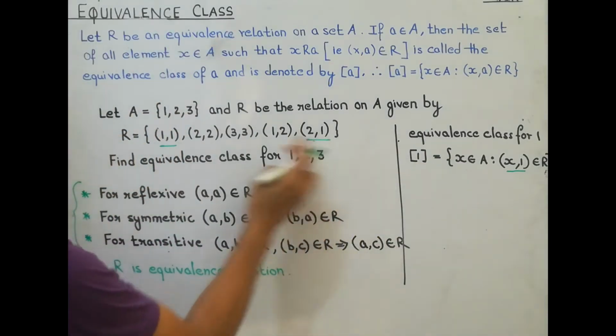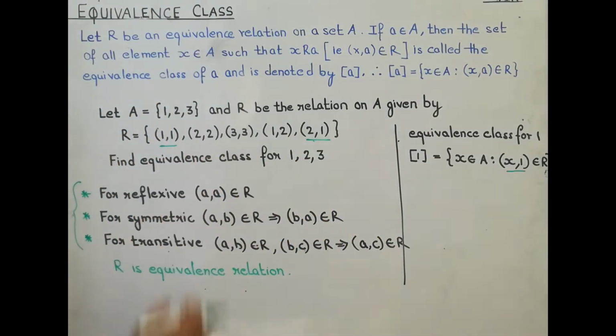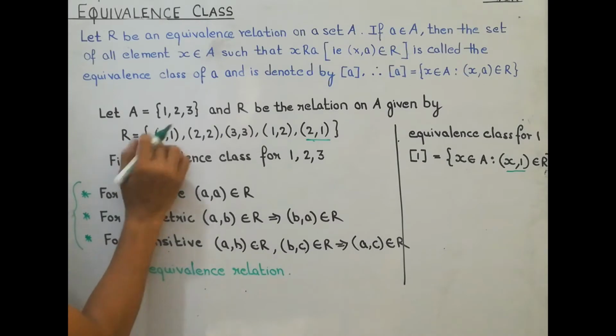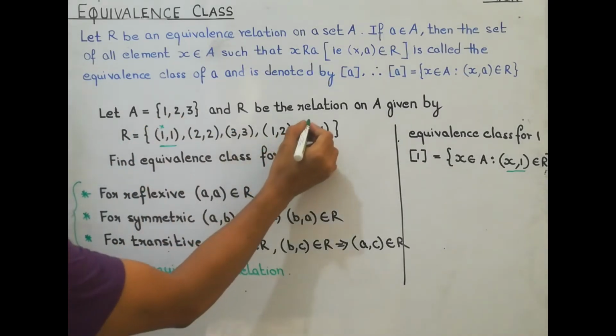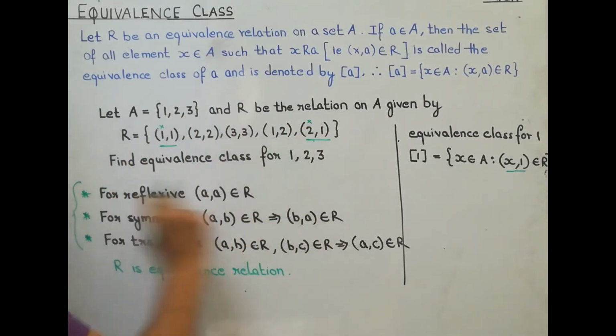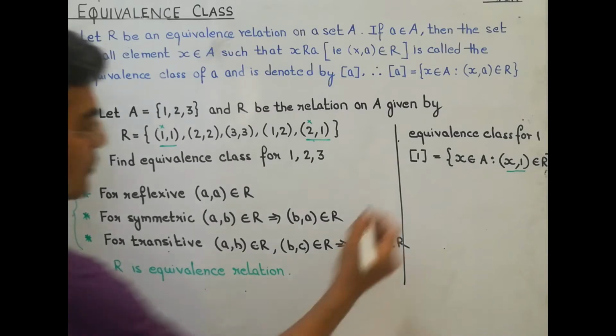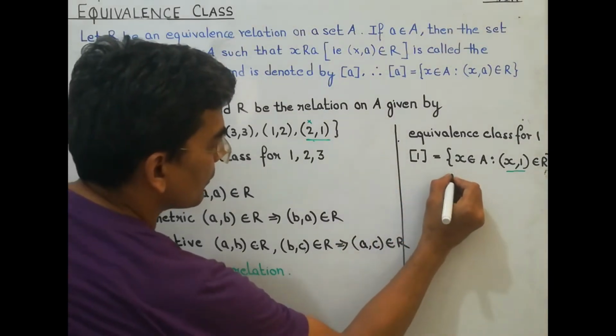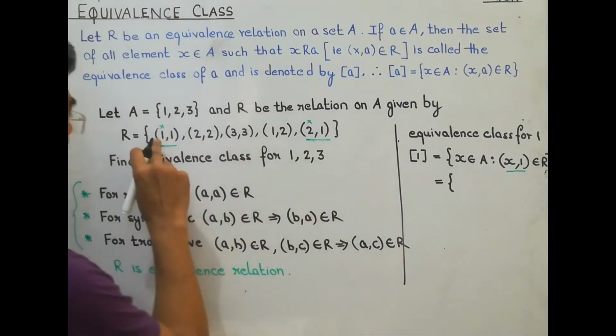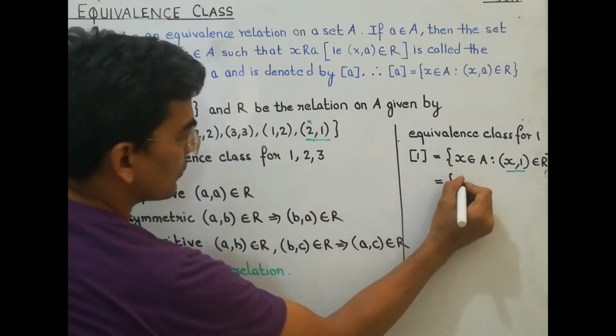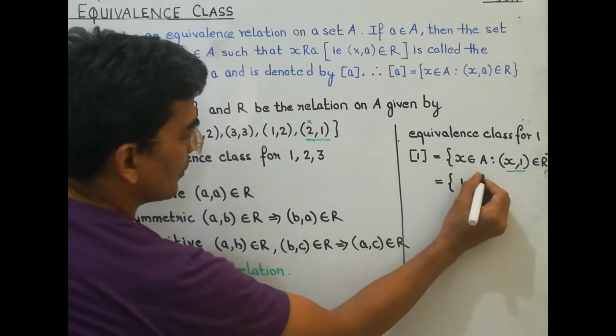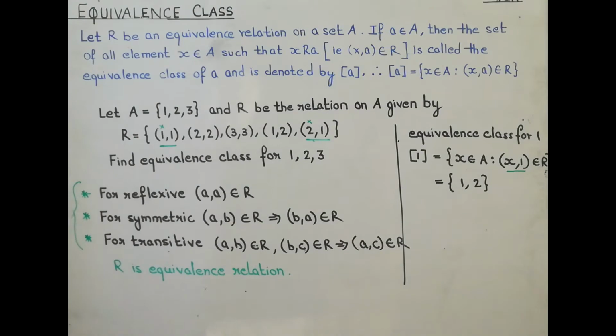So x comma 1, x comma 1. Now these are your x, this is your x, this is your x. Now you will write a set for it, and that will be the equivalence class of 1. So it's 1 and 2. This is how we find the equivalence class for a given number.